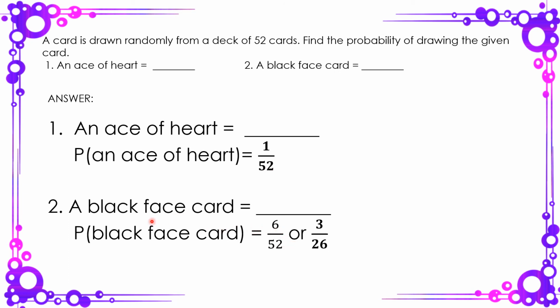Because we have 3 black face cards for flower: Jack, Queen, King of flower, and then we have Jack, Queen, King of spade. So we have 6 over 52, and then simplify, divide it by 2, so we have 3 over 26.